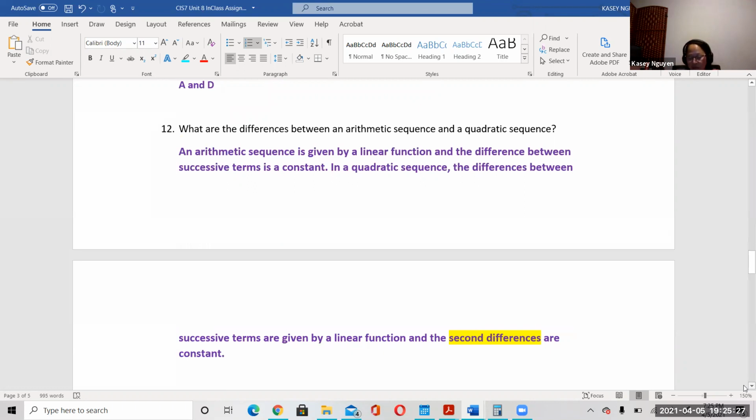So there are two levels of differences in a quadratic sequence, right? Whereas an arithmetic sequence only has one level of difference, in that the difference in successive terms is a constant.